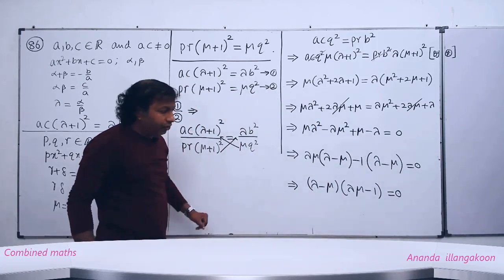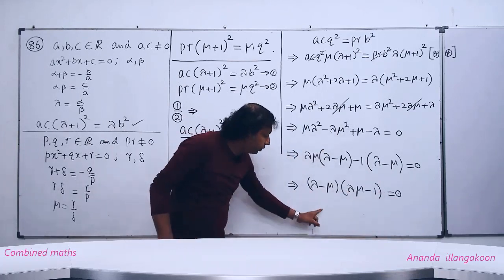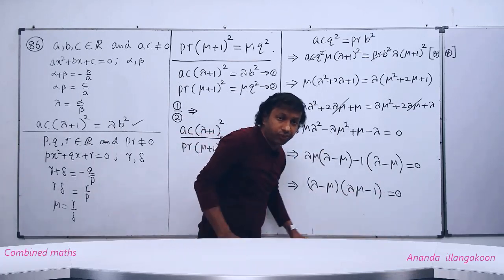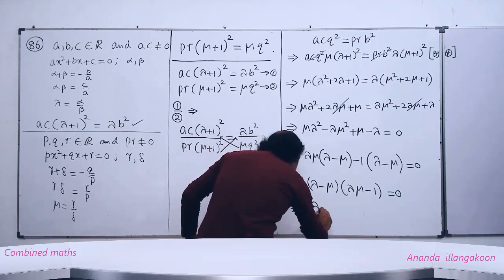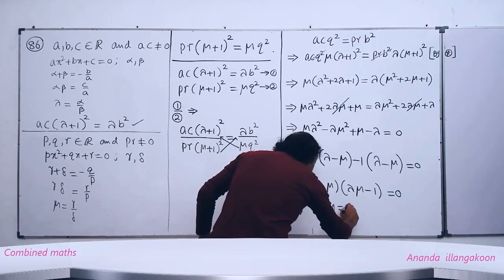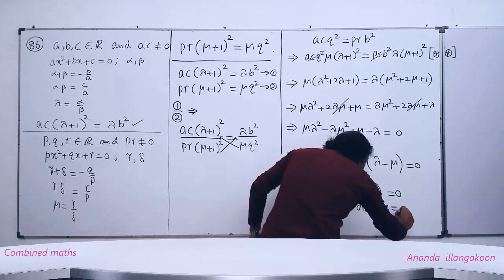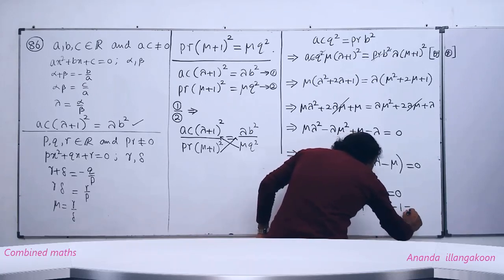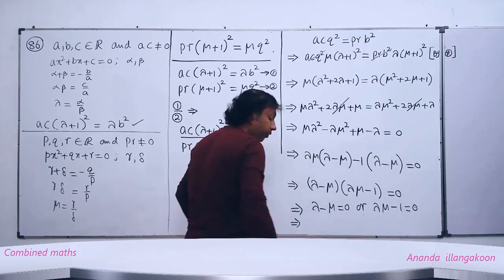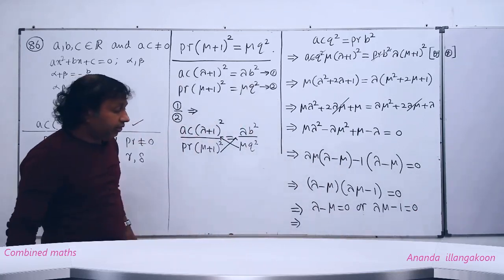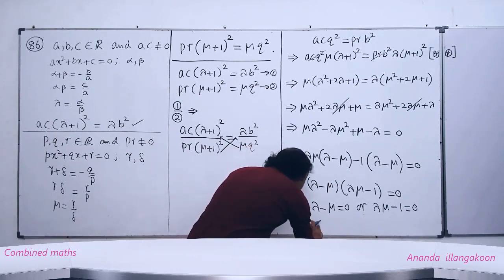Now people, this product equals 0 means what? Lambda minus mu is 0, or lambda mu minus 1 equals 0. Then finally, bring this mu to the right hand side: lambda equals mu.